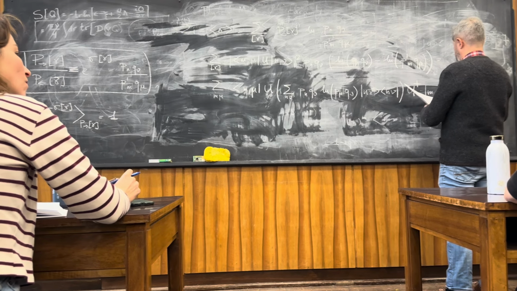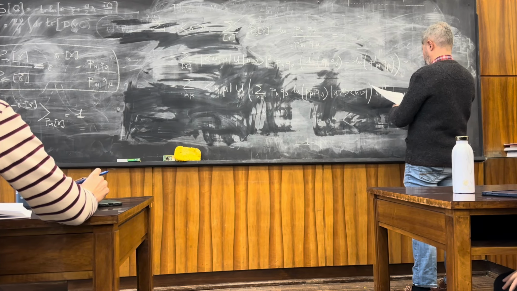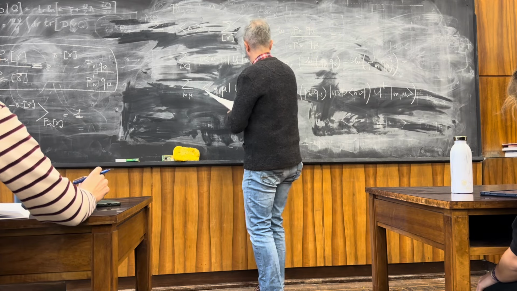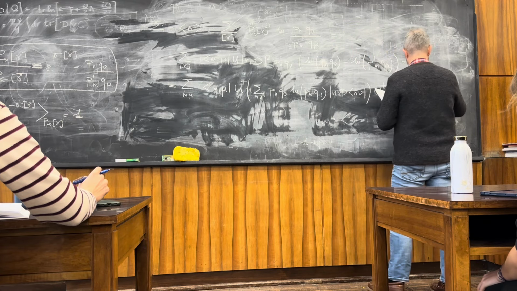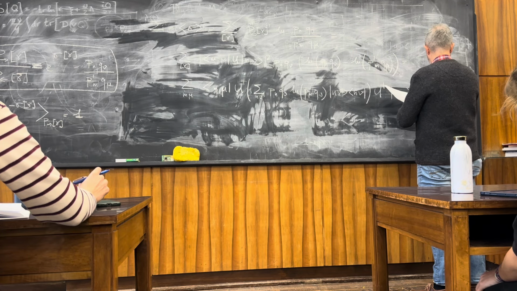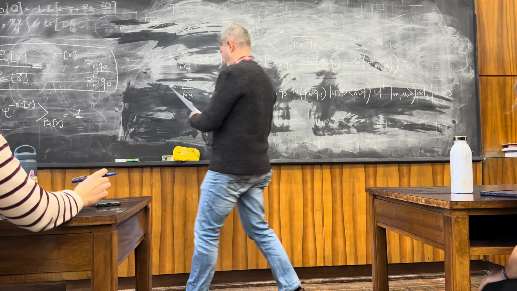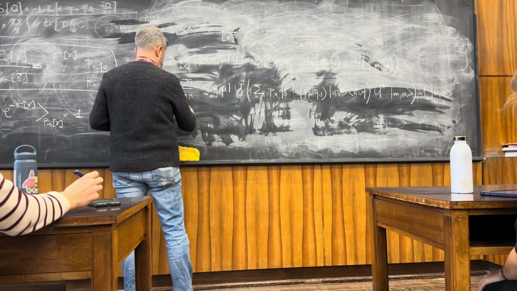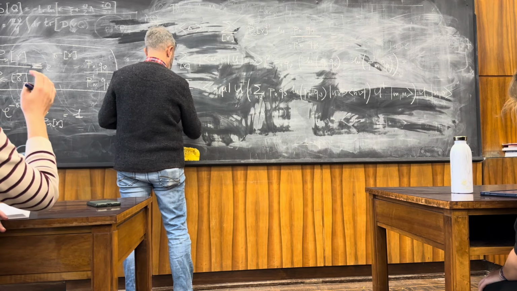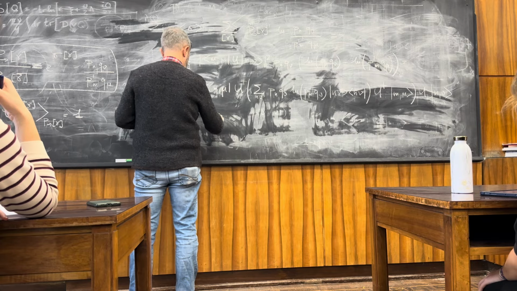We'll make a small break at some point and get the dagger. And then we will have another one that is minus sum over n mu p and q.